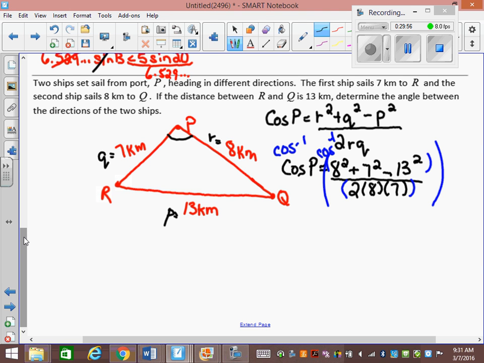So either do the top divided by the bottom in brackets, or you can just go second cos, bracket the top, 8 squared plus 7 squared minus 13 squared, bracket. So you're going to bracket around the top divided by brackets around the bottom, 2 times 8 times 7. You should get 120.